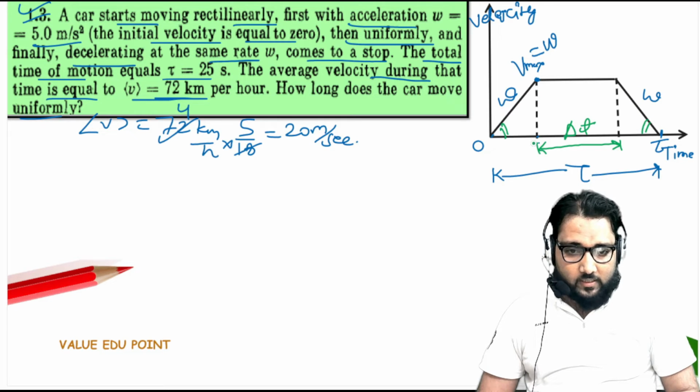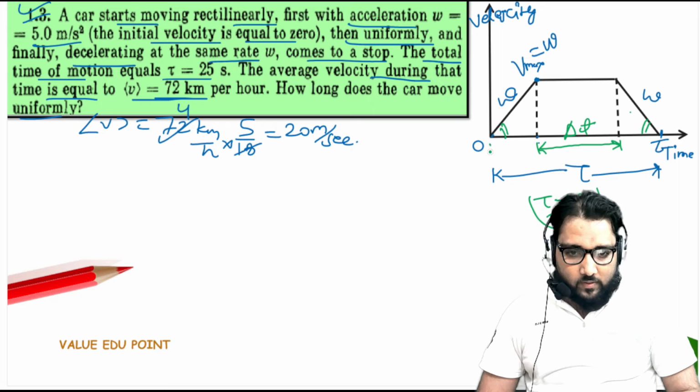The time taken in this portion will be this plus this. So I am taking the time taken, that is delta t, or tau minus delta t, that will be the time to cover this distance, and for this distance, this will become half. Okay, guys.